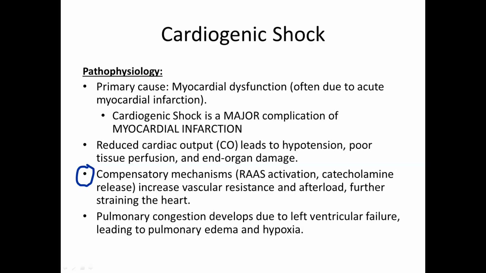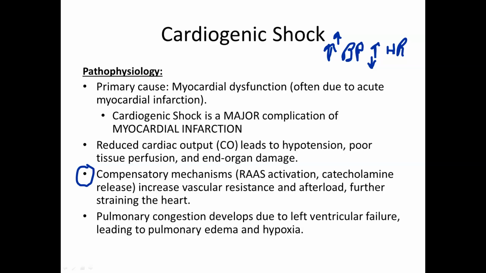So what you may initially see is an elevated BP and an elevated heart rate. And then what's going to happen is maybe that BP decides that it's going to go up a little more, but your heart rate starts trending down.